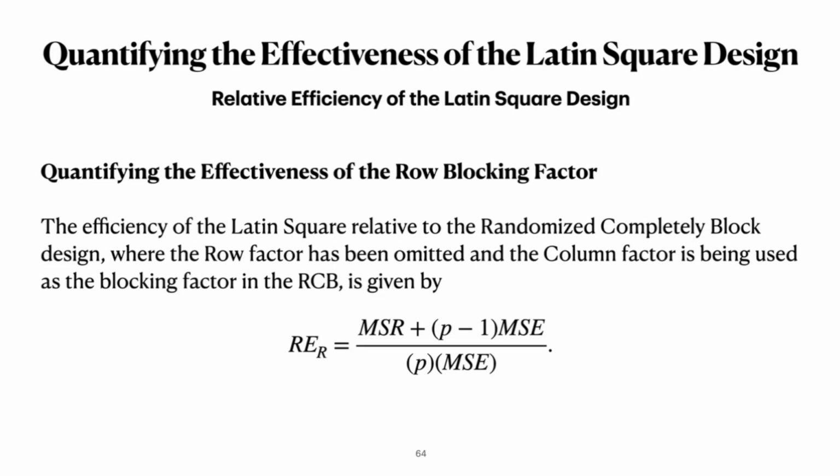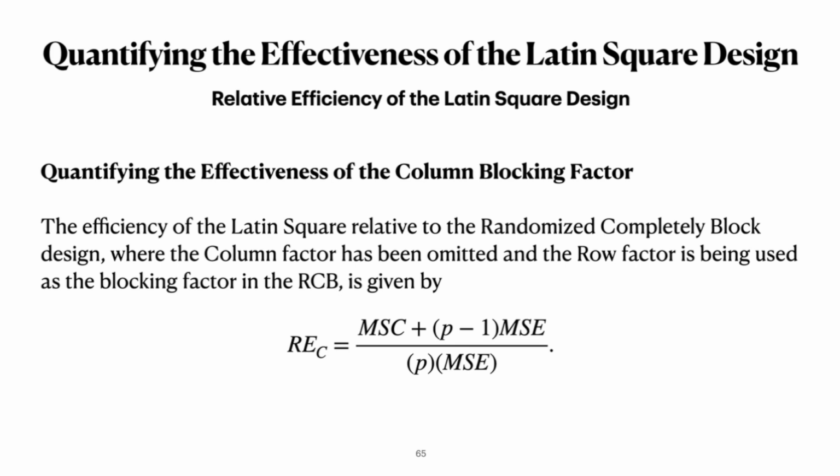This is a way of quantifying the extent to which the row blocking factor is effective in removing extraneous variation. The relative efficiency for this comparison is the mean square for rows plus p minus 1 times the mean square error, divided by p times the mean square error. And again, all of these mean squares are obtained from the analysis for the Latin square design.